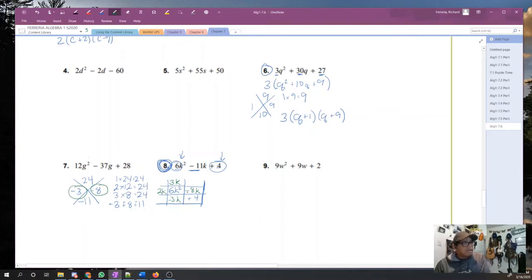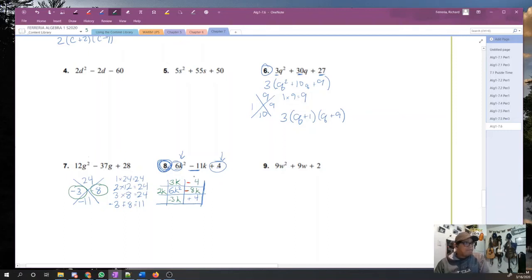Okay. How about negative 8k and positive 4? Well, there's a negative sign here. So if there's a negative sign in the top box, I got to put that negative there also. So now it just becomes 8 and 4. What is the greatest common factor of 8 and 4? Well, that is 4.